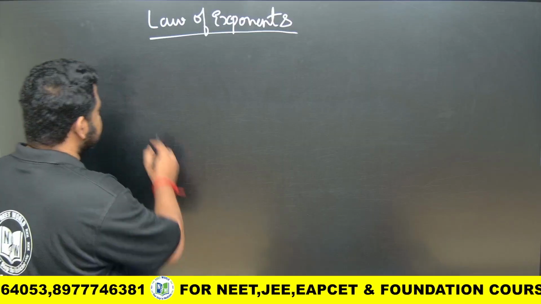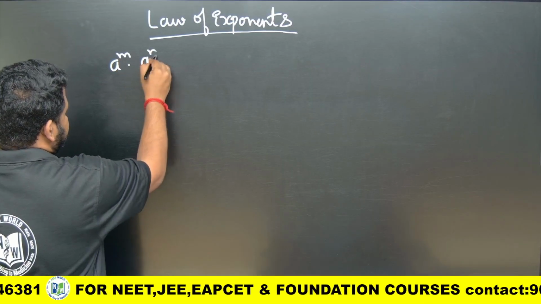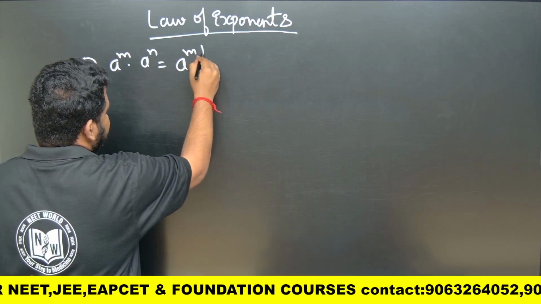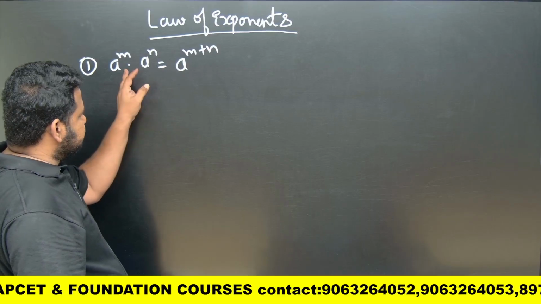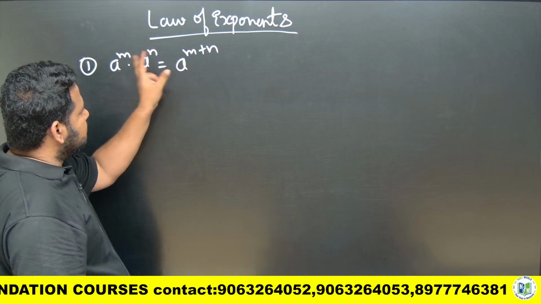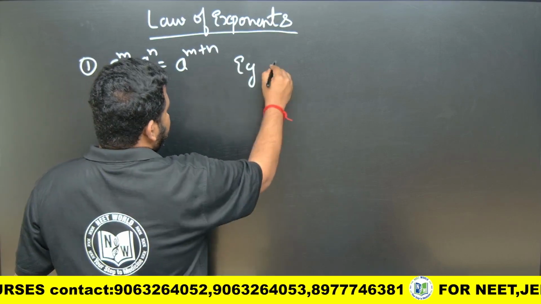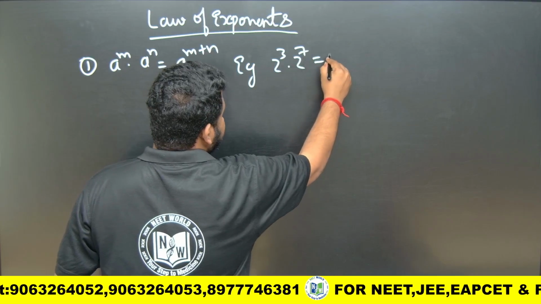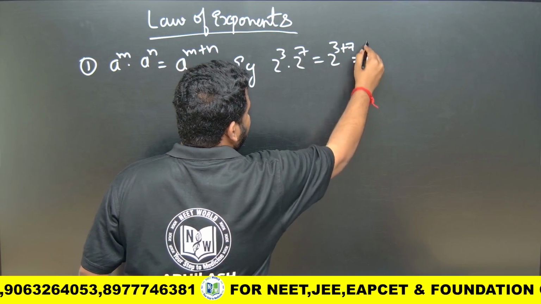Suppose they have given a power m into a power n, first one. That time it becomes a power m plus n. The bases are same, and it is multiplication, so it becomes a power m plus n. The powers will get added. For example, if I take 2 power 3 into 2 power 7, this will become 2 power 3 plus 7, that gives us 2 power 10.